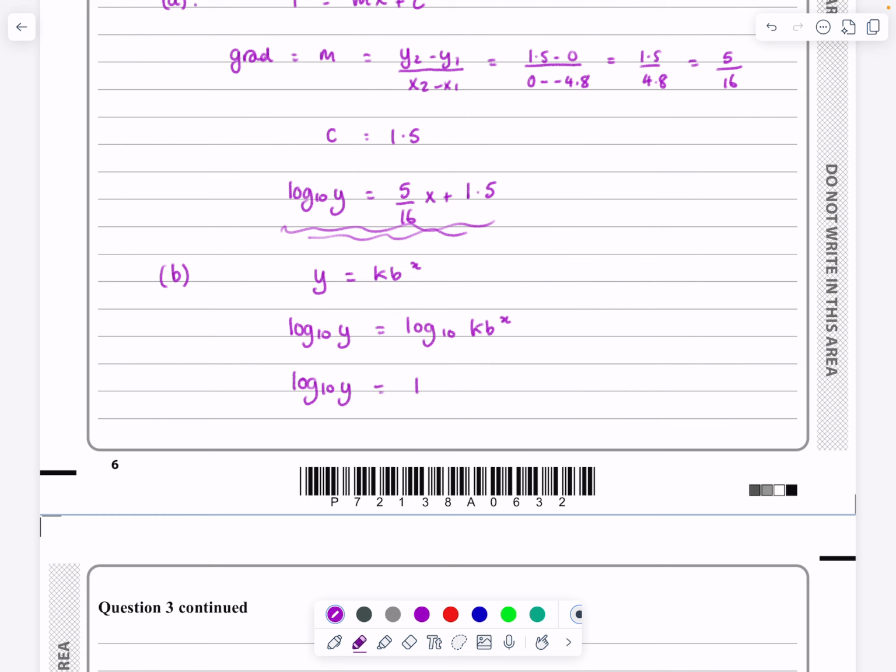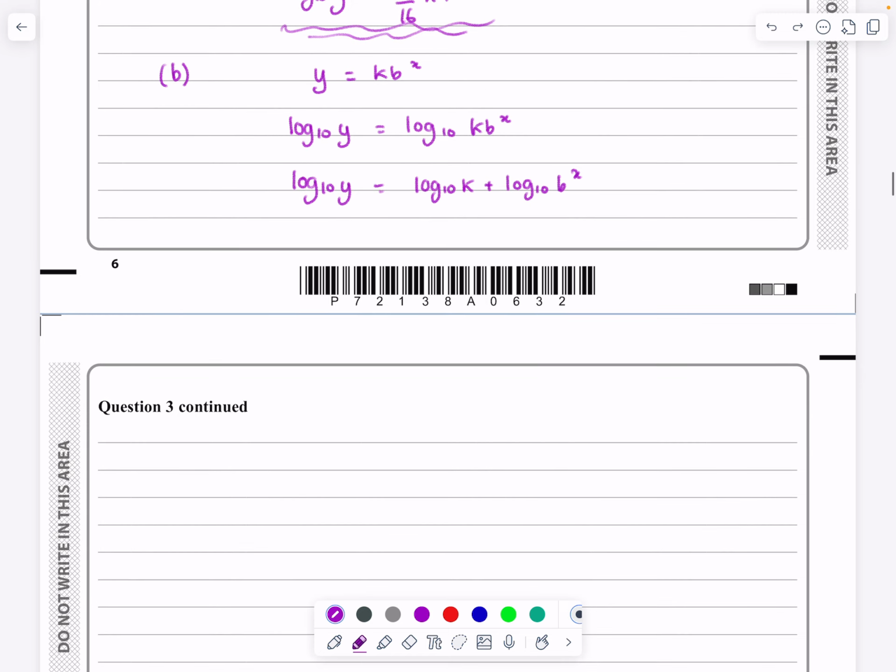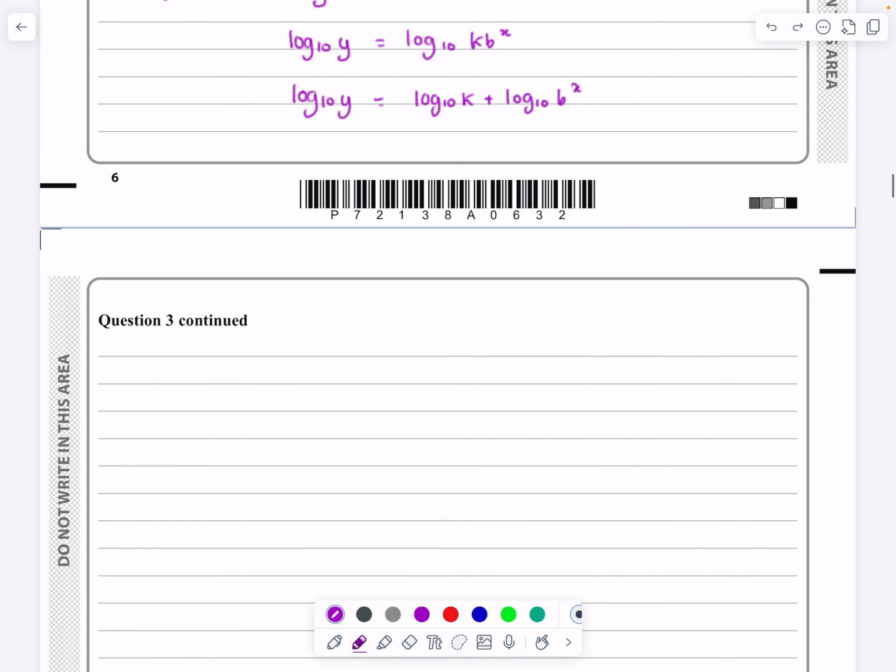But here I can now break this up into log 10k and log 10b to the x. That's a product there, so I've split it up into the 2 component parts. And then here, another log rule means I'm going to be able to take that x down, which is the next thing that I'm going to do. I'm going to say log 10y is equal to log 10k plus x log 10b here.